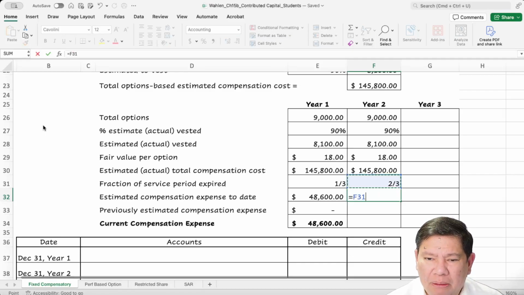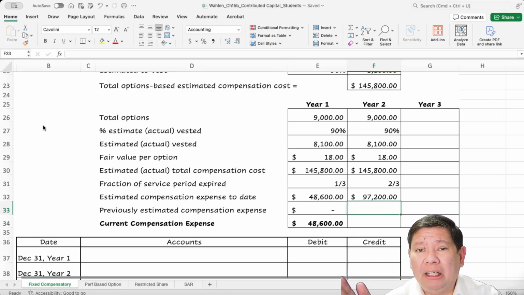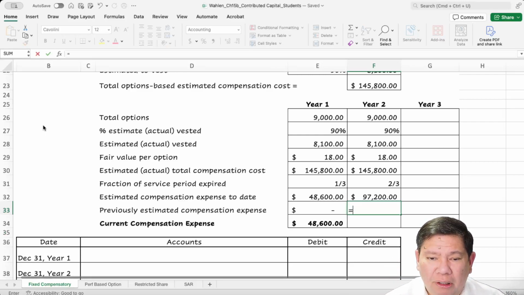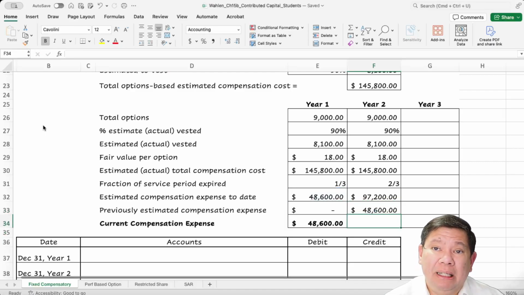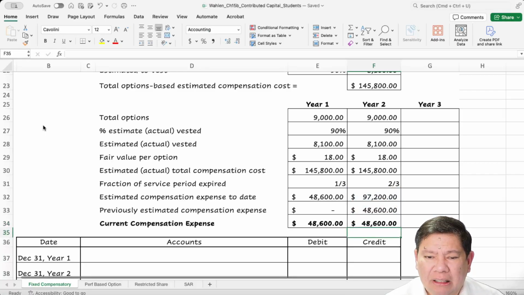So that means we multiply 2 over 3 times 145,800, which is $97,200. Up to that point, the expense to be recognized is $97,200. But 48,600 has been recognized in year 1. So in year 2, we need to recognize 48,600, the same as year 1, because all the assumptions are the same.